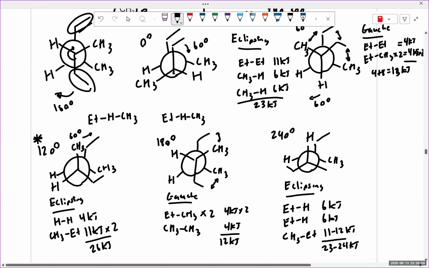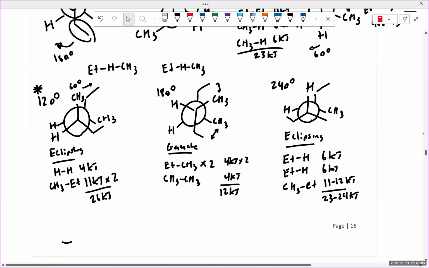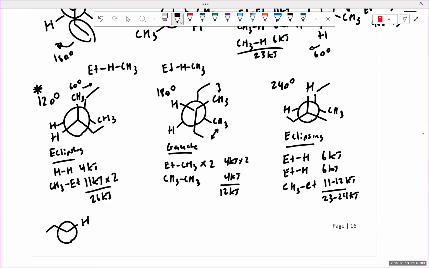Okay, let's look at our last conformation here. Rotating another 60 degrees gives us the following. Again, we're only rotating our front carbon substituents, keeping the back carbon substituents exactly the same.